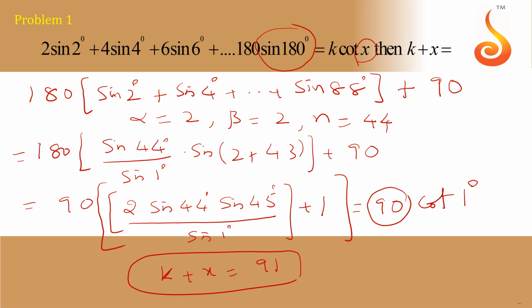Generally, whenever units are there, if it is degrees, we will mention it is degrees. If it is not mentioned, we take it as radians. Here take this as x degrees, then k plus x value will be 91. Here k is the quotient 90, x is 1 degree, so the value is 91.